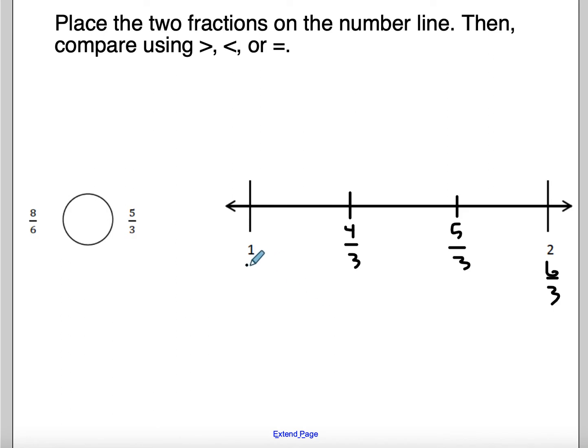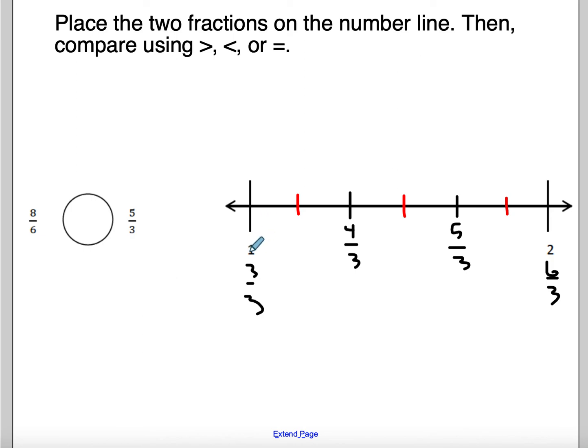I can even represent this whole and make sure that I know that it's 3/3. So in a different color, I want to go ahead and write my sixths. Because 3 is half of 6, or 6 is double 3, I'm going to split these in half, because every third is about twice as large as every sixth, because I want 6 equal pieces instead of 3 equal pieces now.